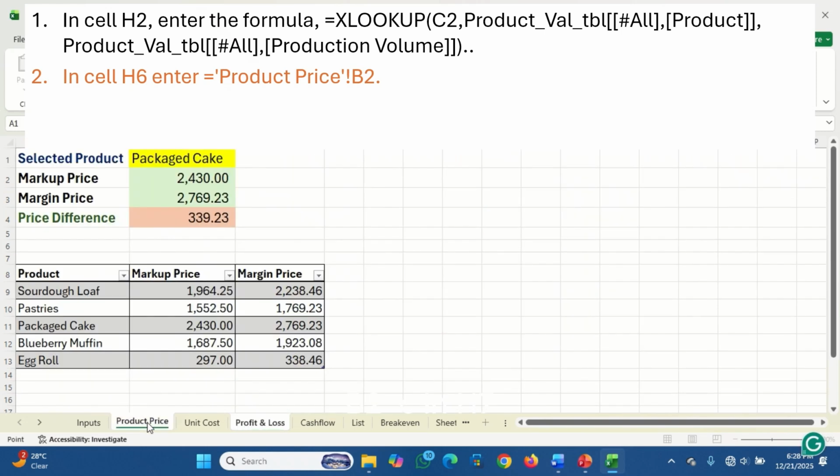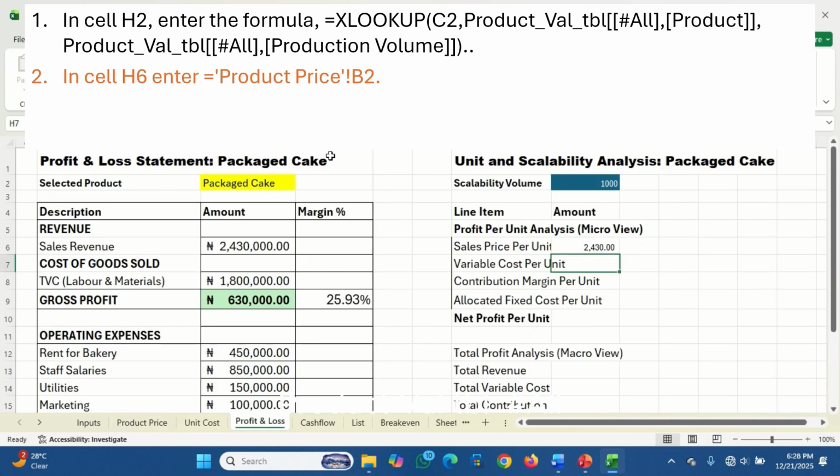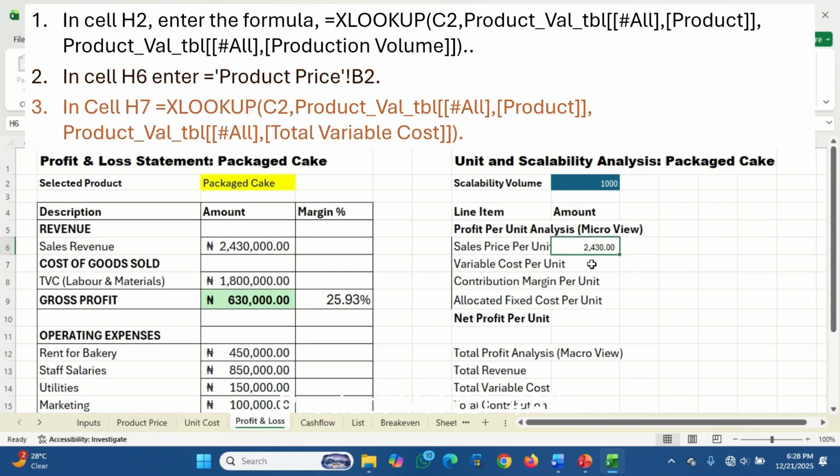B. In H6, enter equals product price, B2. C. In H7, enter equals LOOKUP(C2, TBL[Product], TBL[Total Variable Cost]).